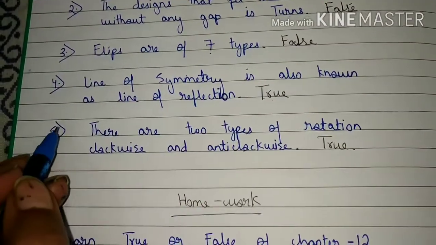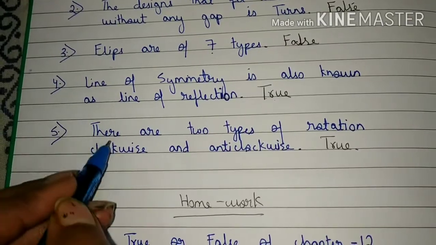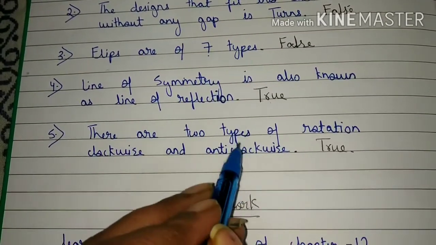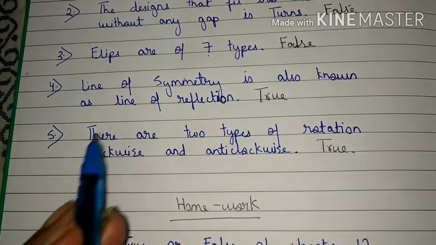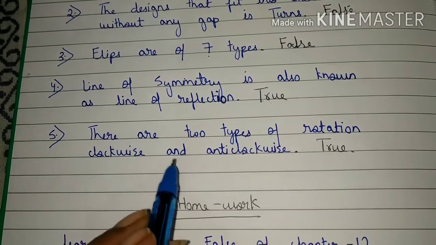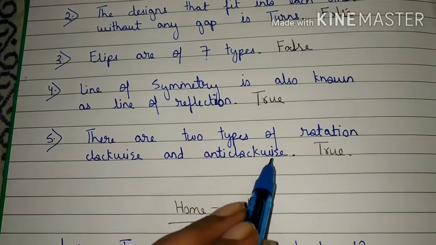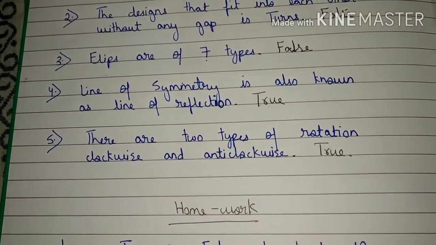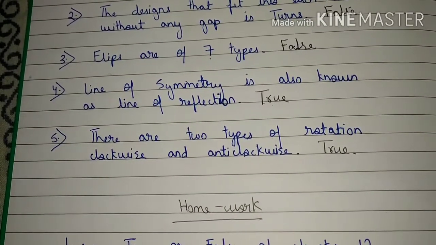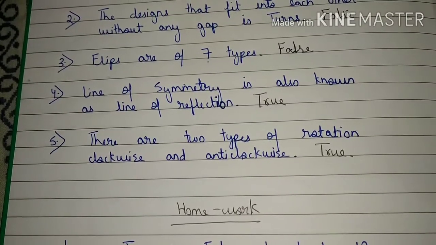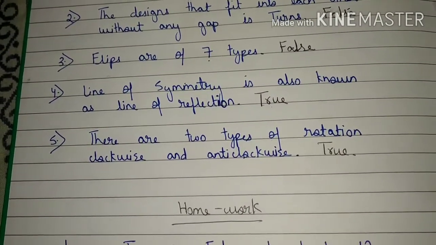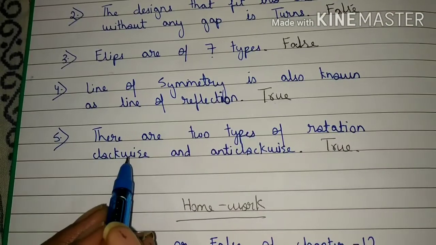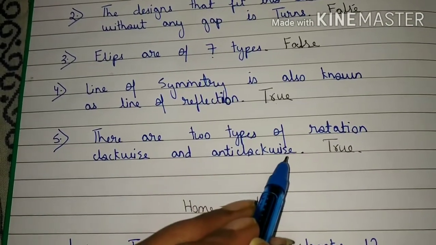Students, now come to the fifth one. There are 2 types of rotation, clockwise and anti-clockwise. Students, this statement is true because we can rotate any figure in 2 ways. First is clockwise and second is anti-clockwise.